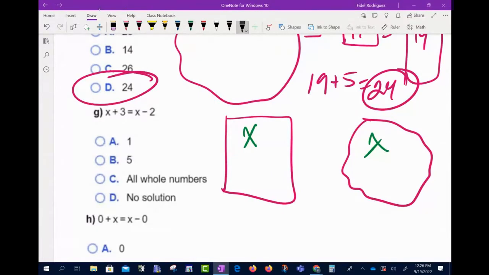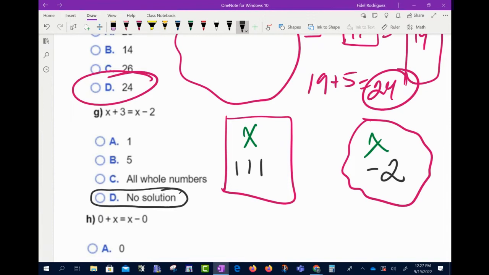Okay, if I were to add 3 more blocks, would that be the same thing as if I subtracted 2 blocks? No, right? Because if I have the same amount, that means that they're equal. And if I add more blocks over here and I take away 2 blocks over here, it's not going to be balanced anymore, right? So there's no way we can do that.